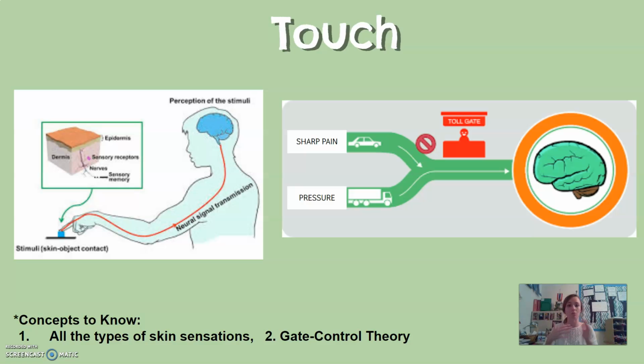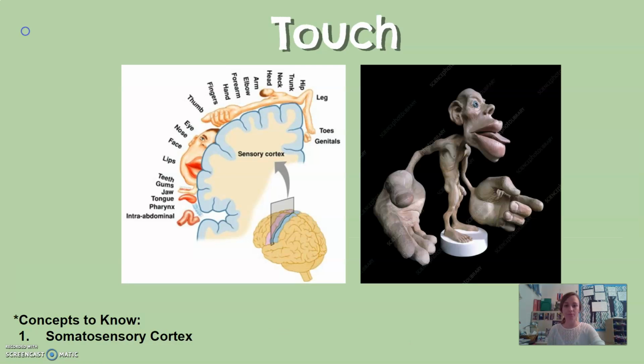In the diagram, you can see how the sharp pain is being blocked because the pressure sensation is going first. There's this little toll gate there to give you a visual of this gate control theory. It's as if this non-painful sensation has gone first and blocked the pain from going through that nerve to the brain. And so that's the gate control theory.